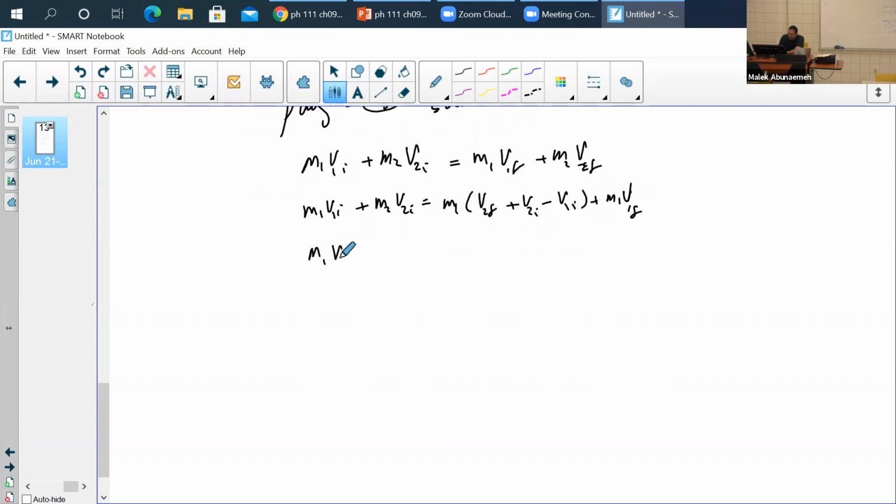That means M1 V1 initial plus M2 V2 initial is gonna equal M1 V2 final plus M1 V2 initial minus M1 V1 initial plus, this is supposed to be M2.